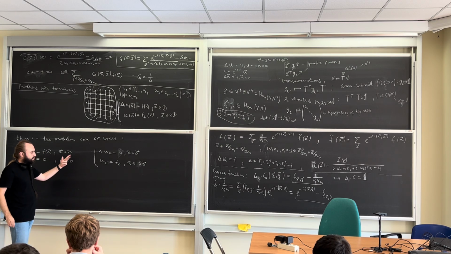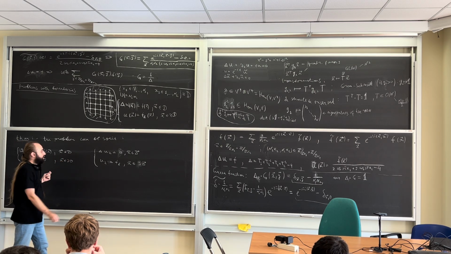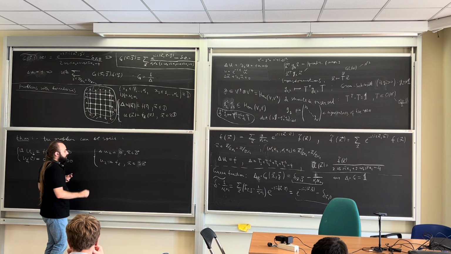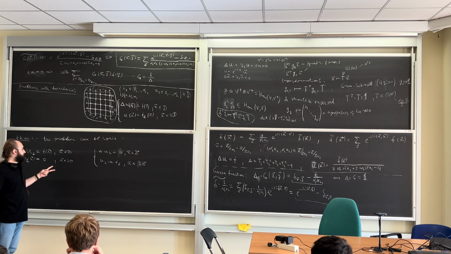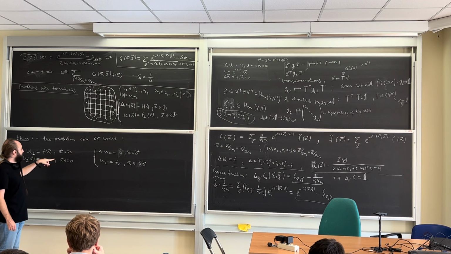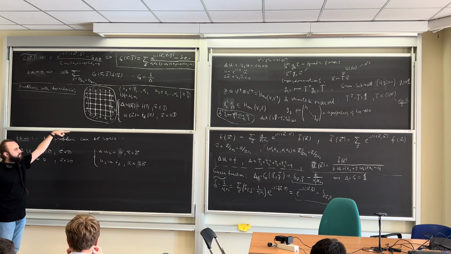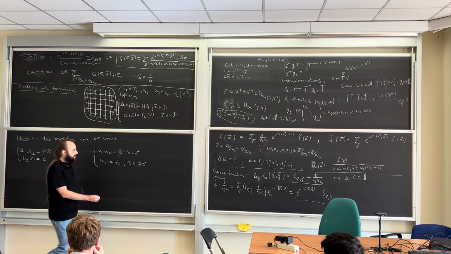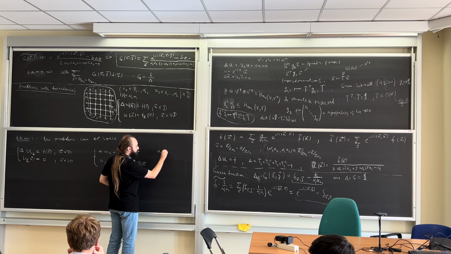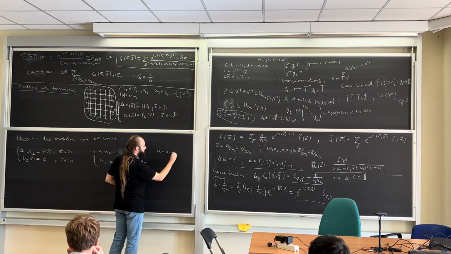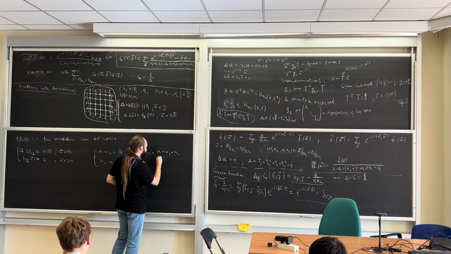And these two problems will have a solution. And now the question: if we have solutions of these problems, how to get the solution of the initial problem? So u equals u1 plus u2 solves the initial problem.